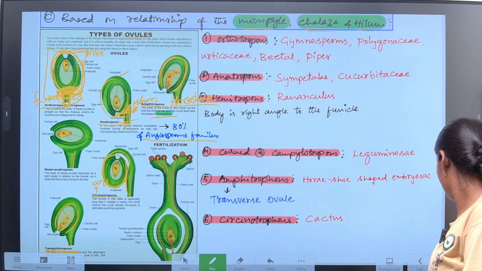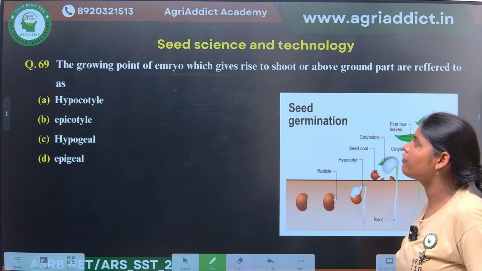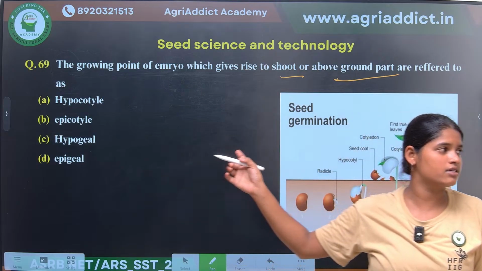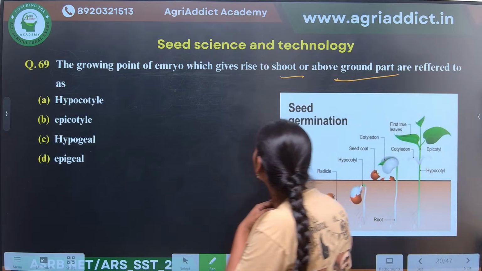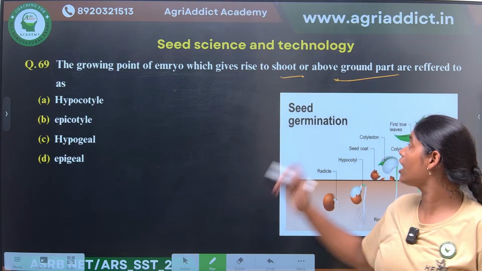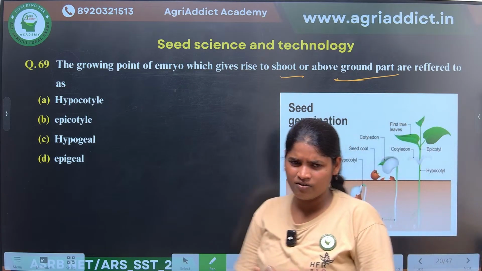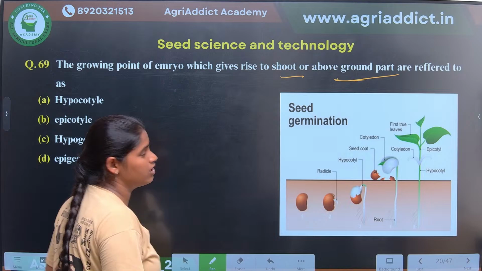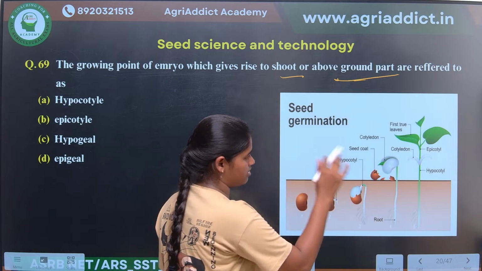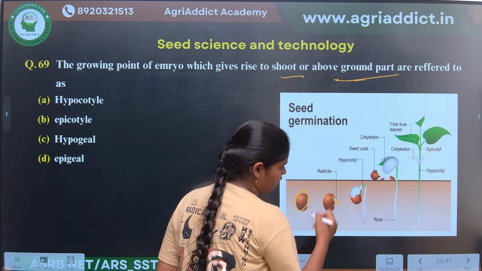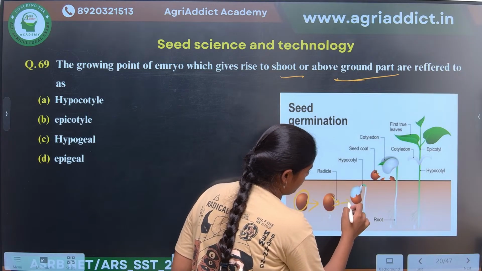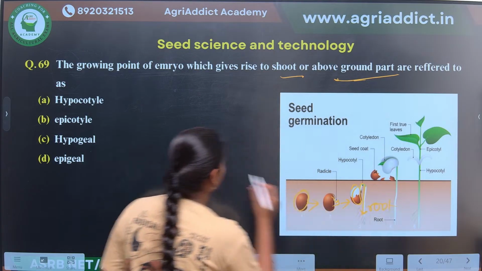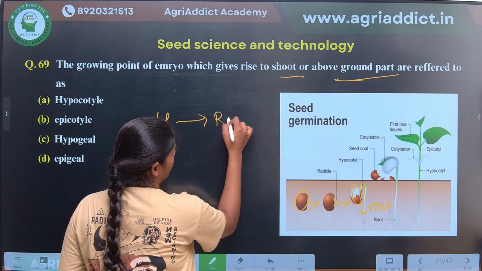Don't worry. The next question is: the growing point of the embryo which gives rise to shoot or above ground part is referred to as? It is also a very basic question. We know we have discussed everything till now: embryo, endosperm, how it works, the germination types and all. In seed germination, the radicle protrudes first. The hypocotyl will give rise to the radicle or root.